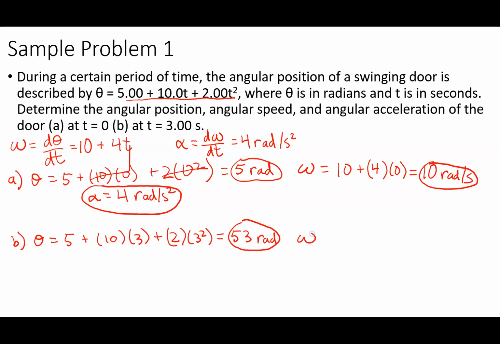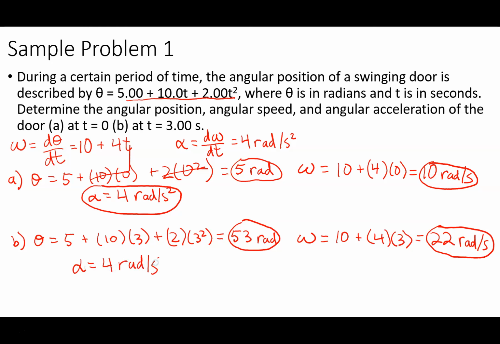And then our omega is going to equal 10 plus 4 times 3, which ends up equaling 22. And the correct units there are radians per second. And then our alpha, our angular acceleration, is the same the whole time. So it's just 4 radians per second squared. So just doing a little bit of calculus there and plugging in some numbers.